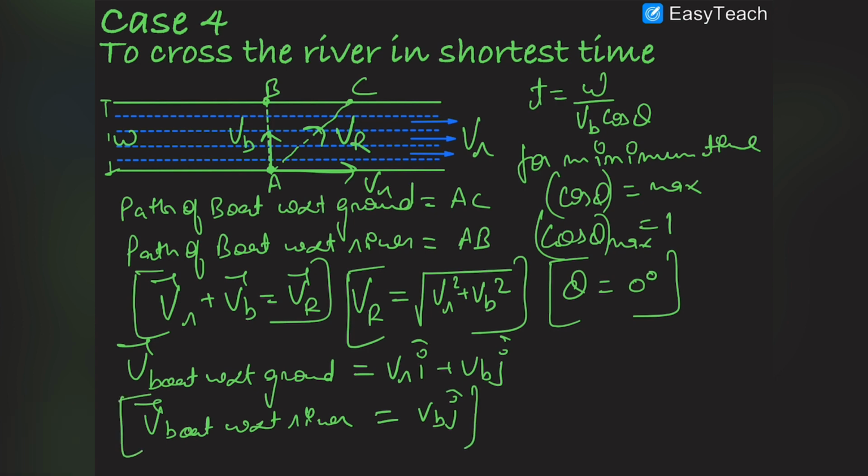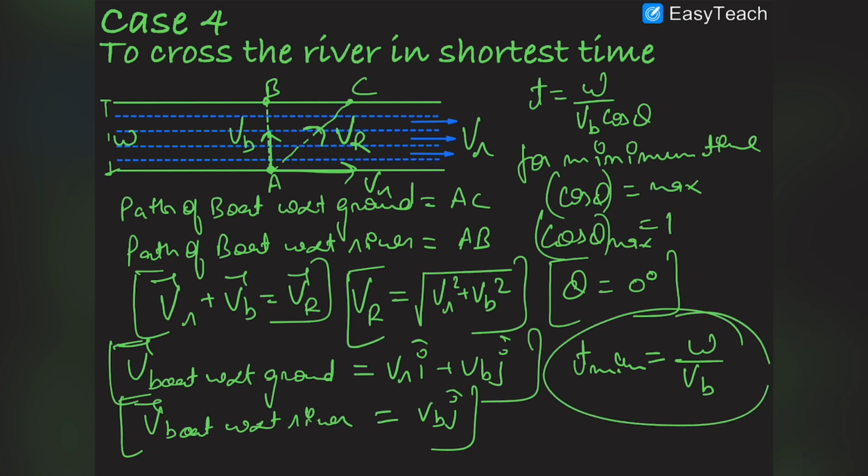This is very simple to understand. Now we have already calculated the minimum time, which was when theta is 0 degrees. So T minimum is W upon Vb. This is the minimum time to cross the river.